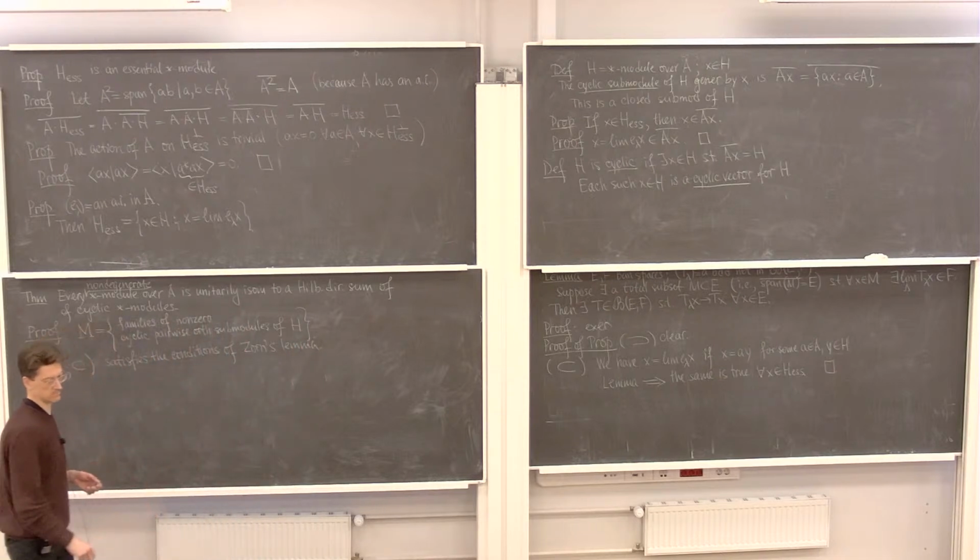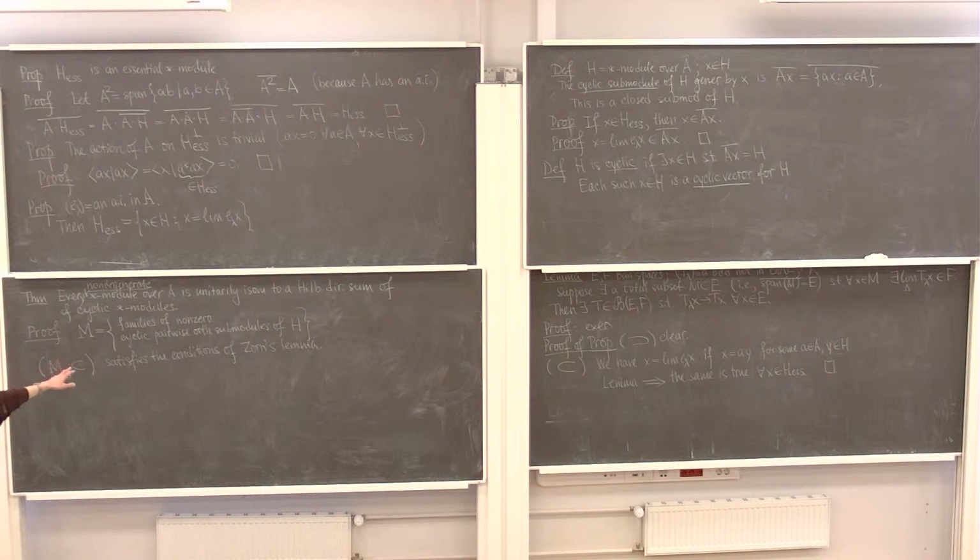Well, indeed, this is elementary. If we have a chain consisting of such families, so each element of a chain is a family of pairwise orthogonal cyclic submodules, then we may just take the union of this chain. And this will be, again, a family of the same form, which dominates each family in our chain.